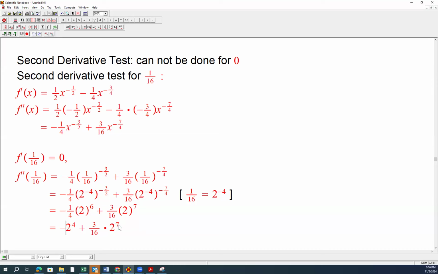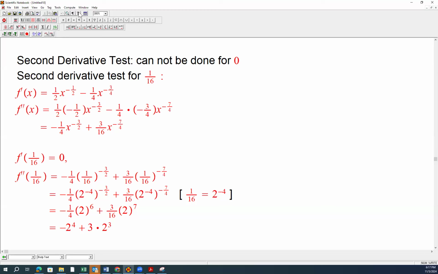And this piece, 2 to the power 7, can be written as 2 to the power 4 times 2 to the power of 3. So just split it. So 2 to the power 4 is 16, and 16 and 16 reduce, right? So this piece will just have 3 times 2 to the power 3. We're almost there.